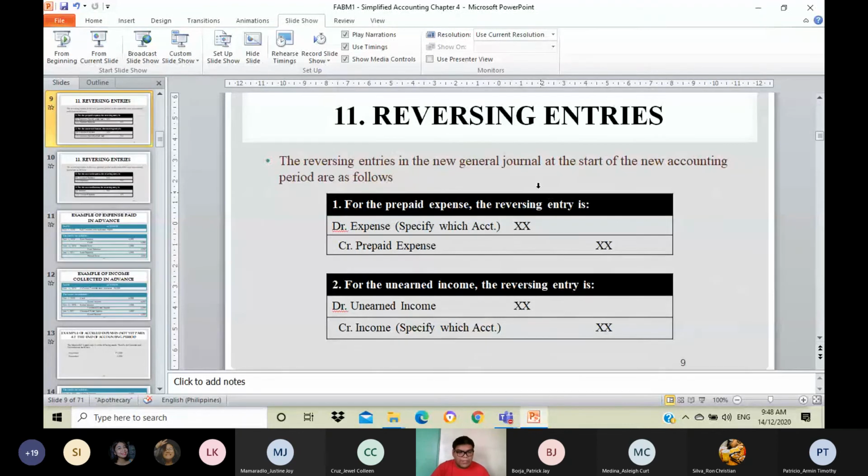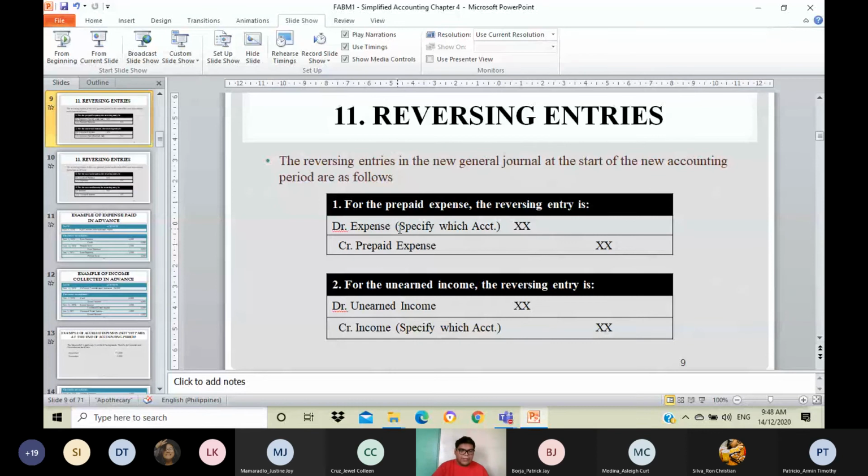When the prepaid expenses recognized in the previous period are used in the new accounting period, there's no need to prepare any adjusting entry. Also, the expenses recognized are true expenses of the period in the previous period. So, dapat kung ano man yung nangyari last year na yun, hindi na siya ika-counted for the next year.